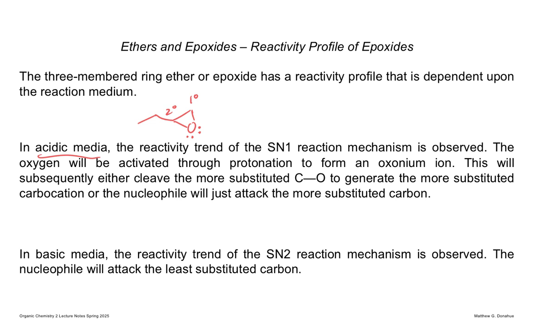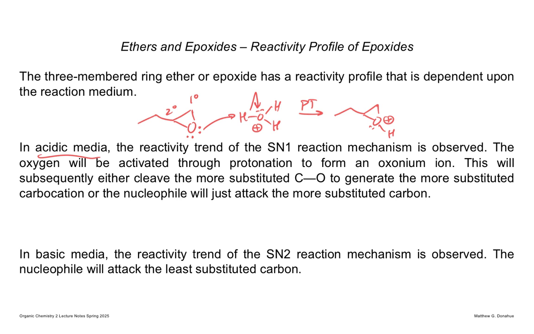So if we're in acidic medium, that means that the epoxide oxygen is going to be a base. So say we're treating that with hydronium. So we do a proton transfer. And now that oxygen gets positively charged.